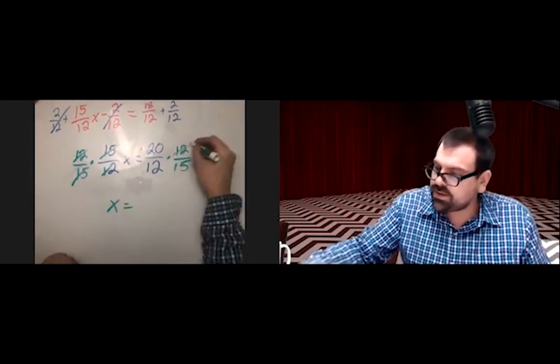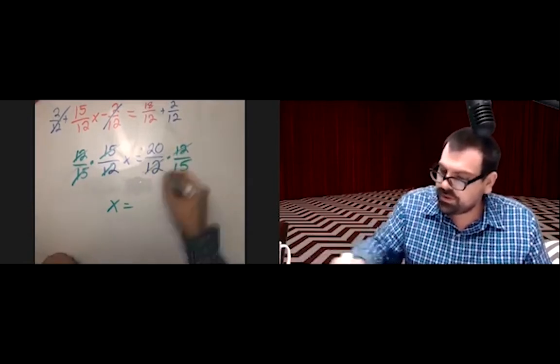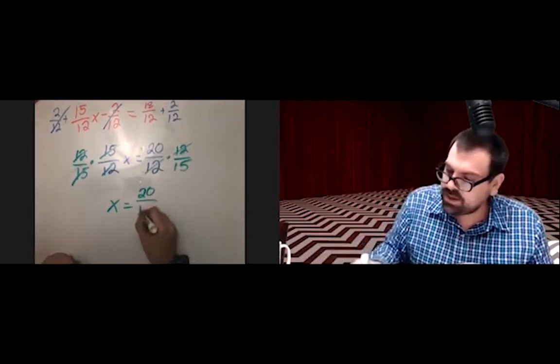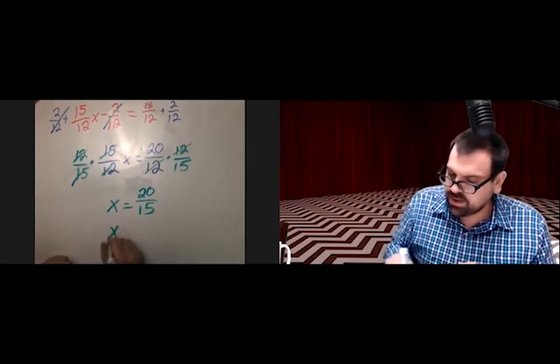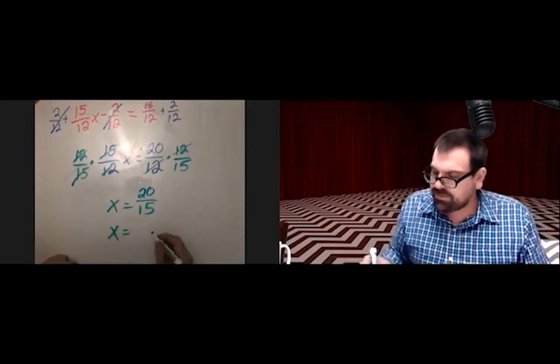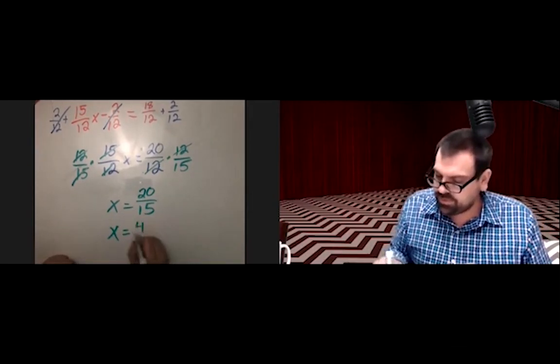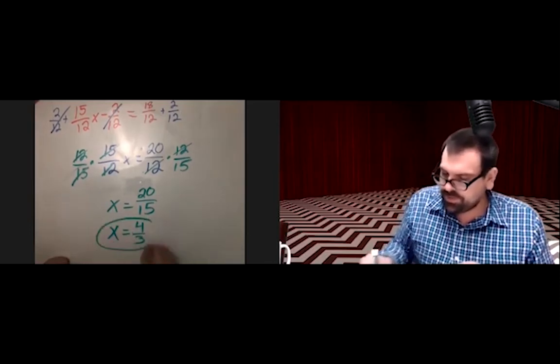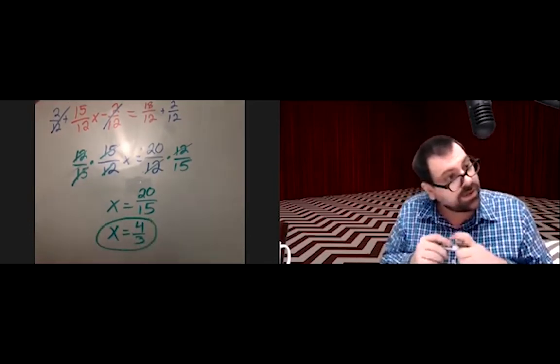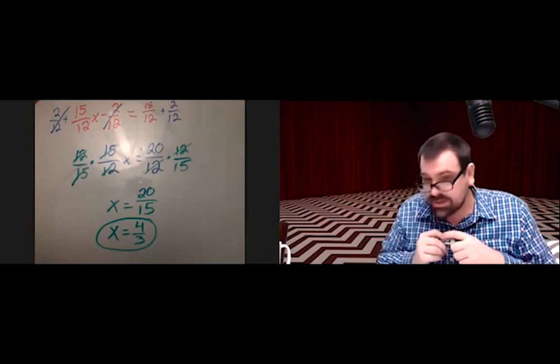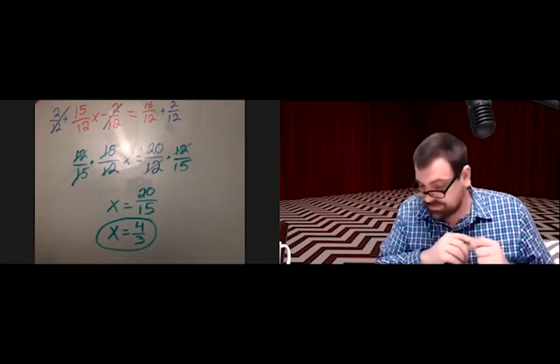On the right, these 12s cancel. We're left with 20/15. Both of those can be divided by 5. So our answer, x is 4/3.